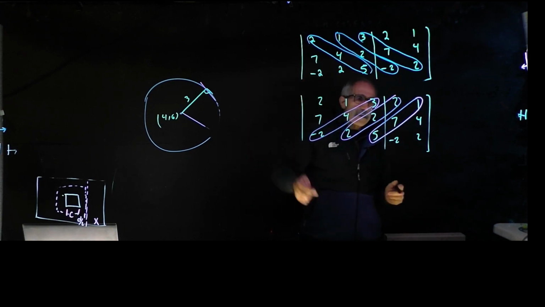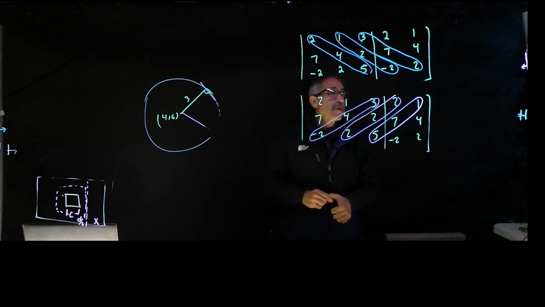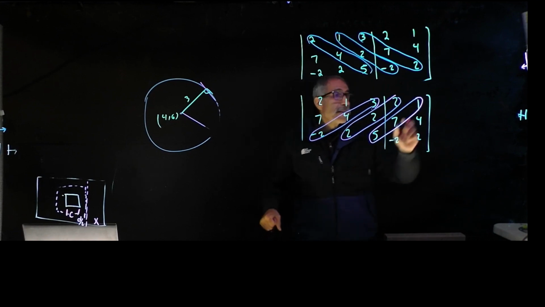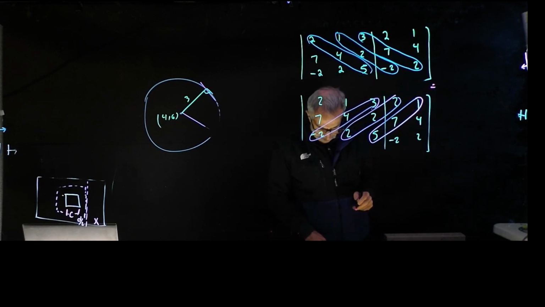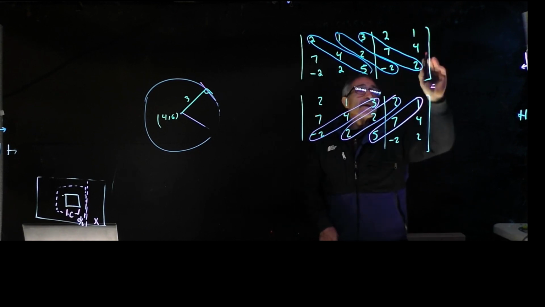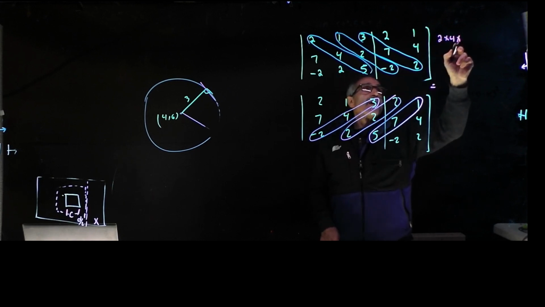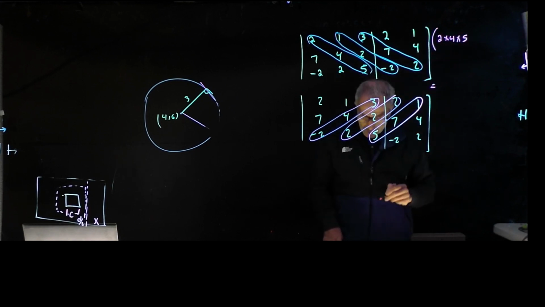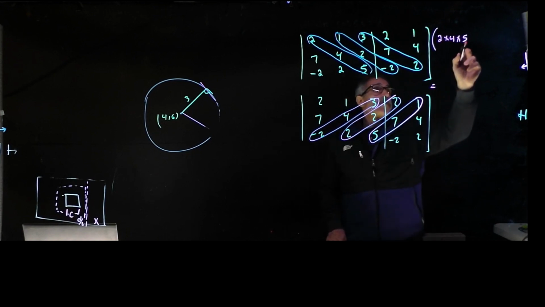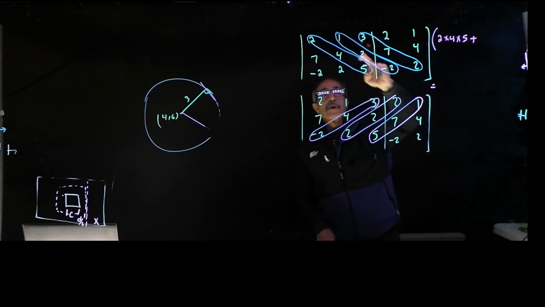This minus this. What do I mean by that? I'm going to write it right here. That is 2 multiplied by 4 multiplied by 5. Let's put a big parenthesis around that one, and then it's going to be plus this one.